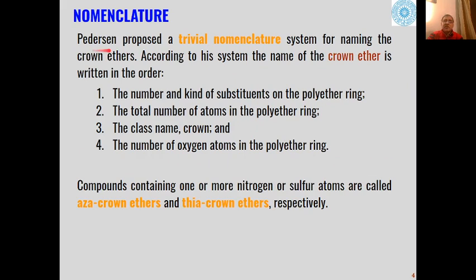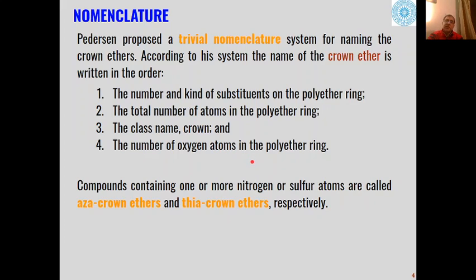So Pedersen proposed a trivial nomenclature for these types of crown ethers, and according to him, the number and kind of substituents on the polyether ring are written first, then the total number of atoms in the polyether, then the name crown is added, and then the number of oxygen atoms in the polyether ring.